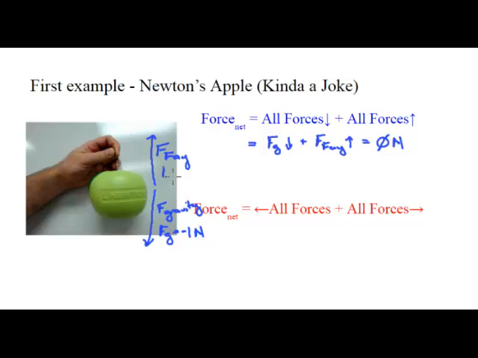Because I know that phi is supplying the exact same force, but in the opposite direction, I'm going to apply 1 newton. And so if I look at my force net, I see that I have negative 1 newton going down plus positive 1 newton going up, telling me that my net force is 0 newtons.